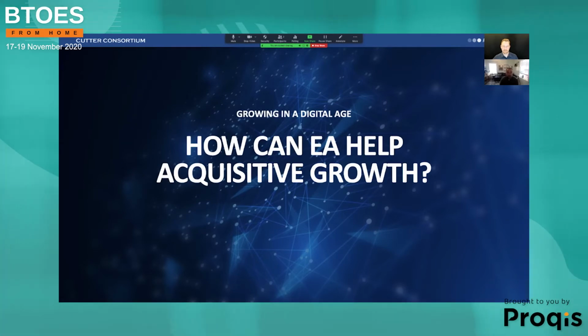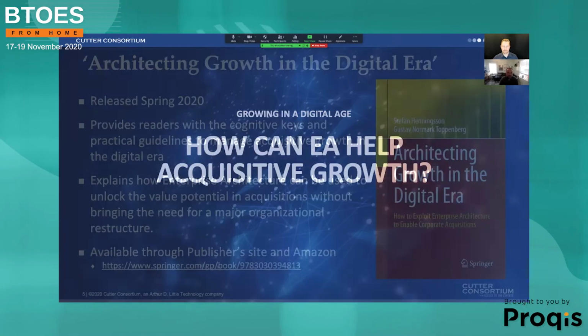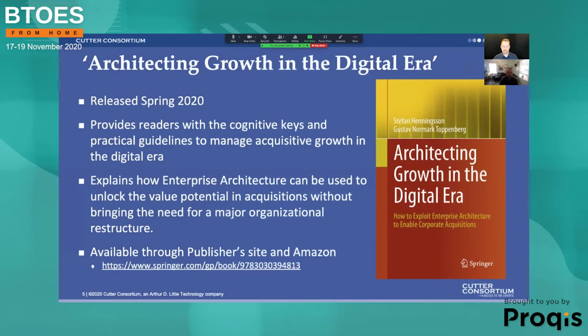One of the motivations for participating today is to share some of the insights and findings from the research and from practice as well. We've also captured those in a book that was published earlier in 2020, called Architecting Growth in the Digital Era.